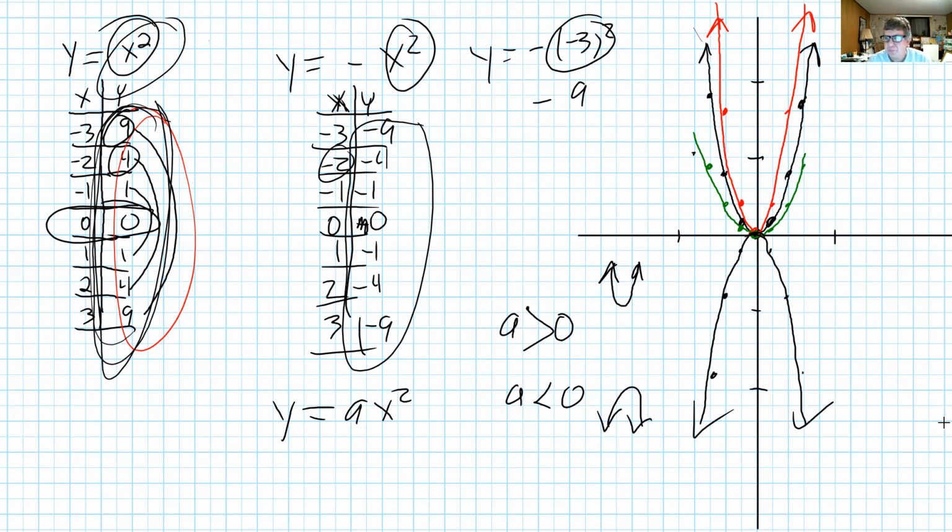Now, from there, I want to go to a new page and put on a new graph. And let's see, blank.